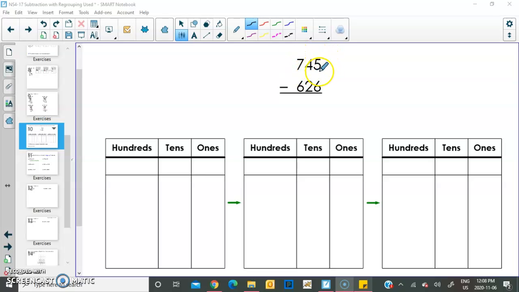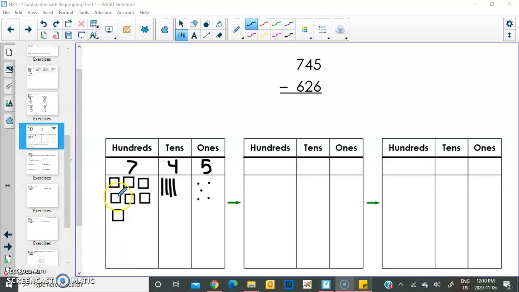745. Let's use the hundreds, tens, and ones chart to show how we regroup 745. So I'm going to write 7 hundreds, 4 tens, and 5 ones. Now I'm going to draw the base 10 model for 745.